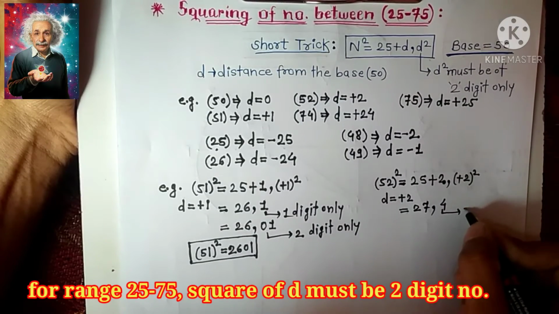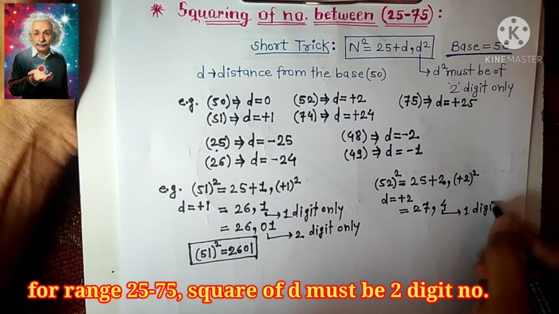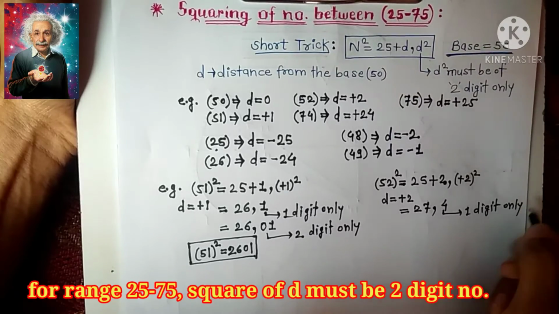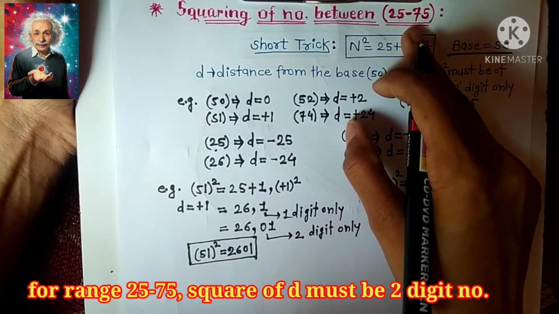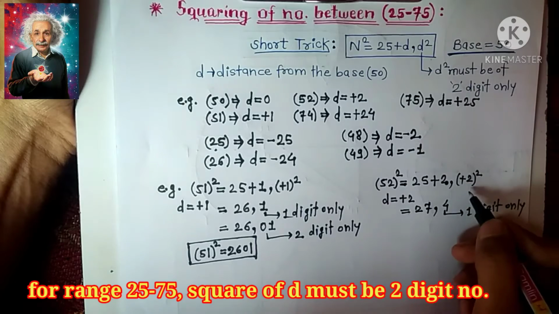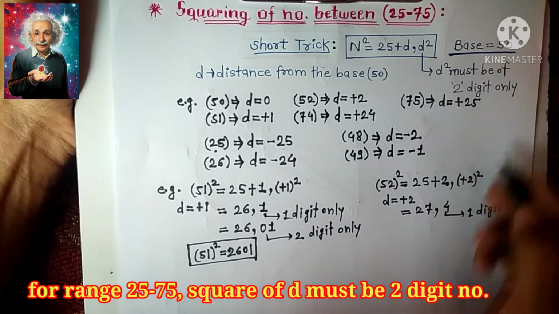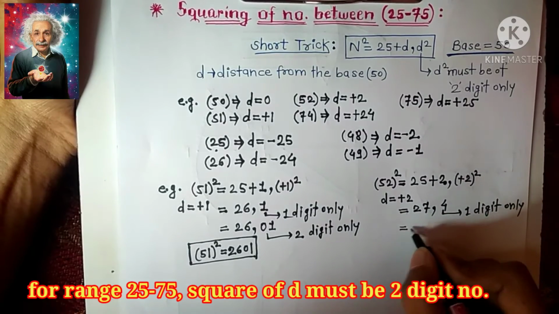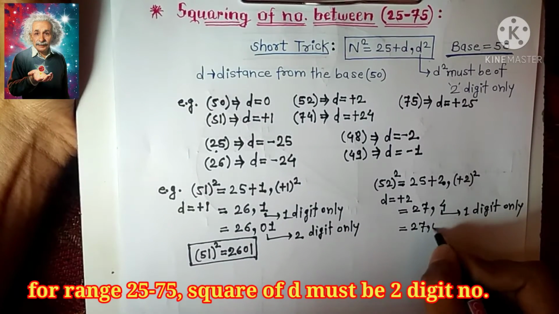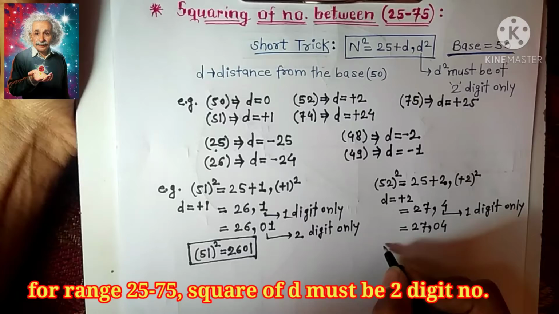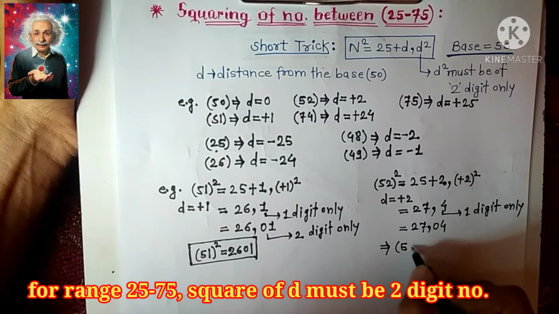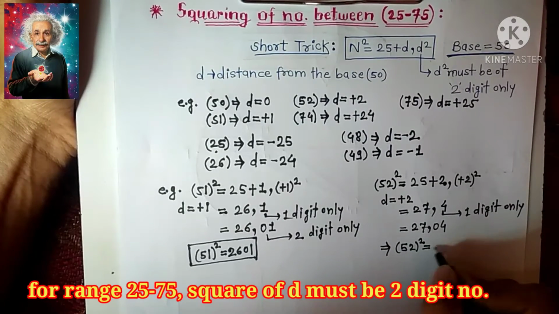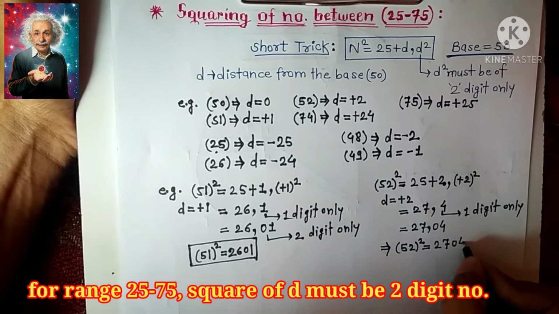Again this is 1 digit only. But for the range 25 to 75 we have d square must be of 2 digit. So we write 4 as 0 4. So 27 comma 0 4. Then finally we get the square of 52 as 2704.